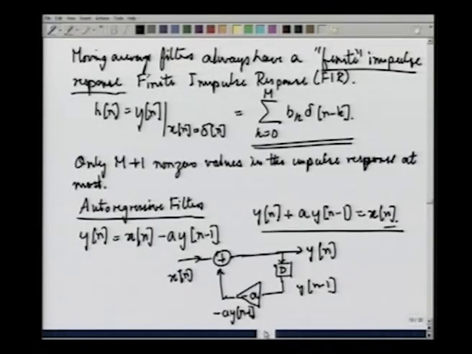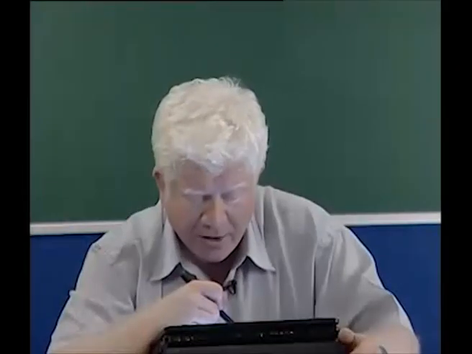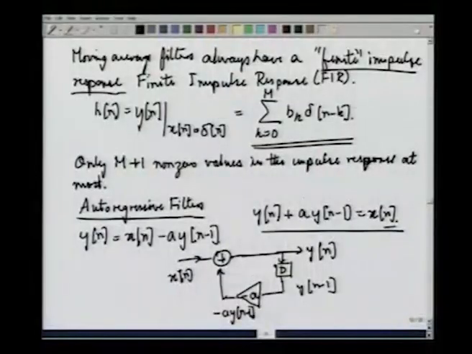What we want to see is whether its impulse response is really infinite. It is not hard to see. Suppose you apply xn as just delta n, then what would happen in a system like this? Delta n would add to something and come over here, and a delayed delta n would be delta n minus 1. It would get scaled and it would come back here.